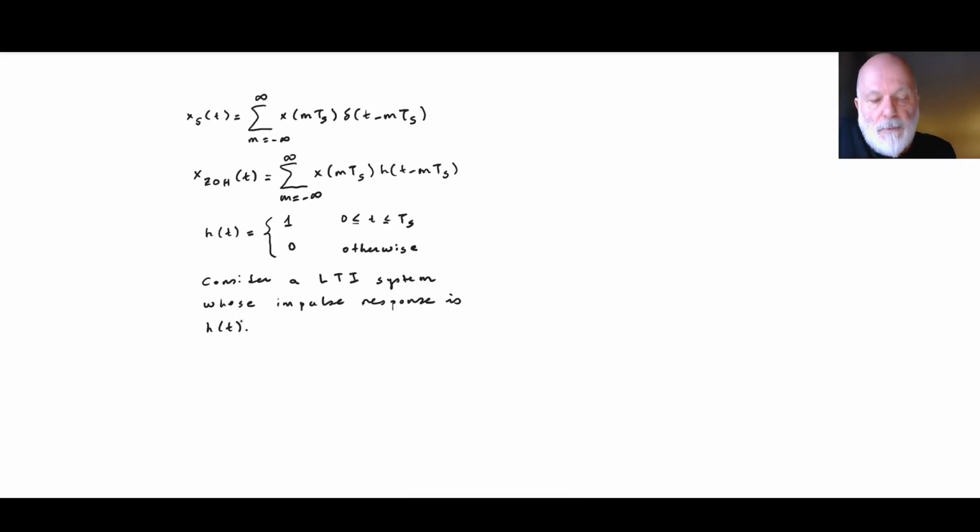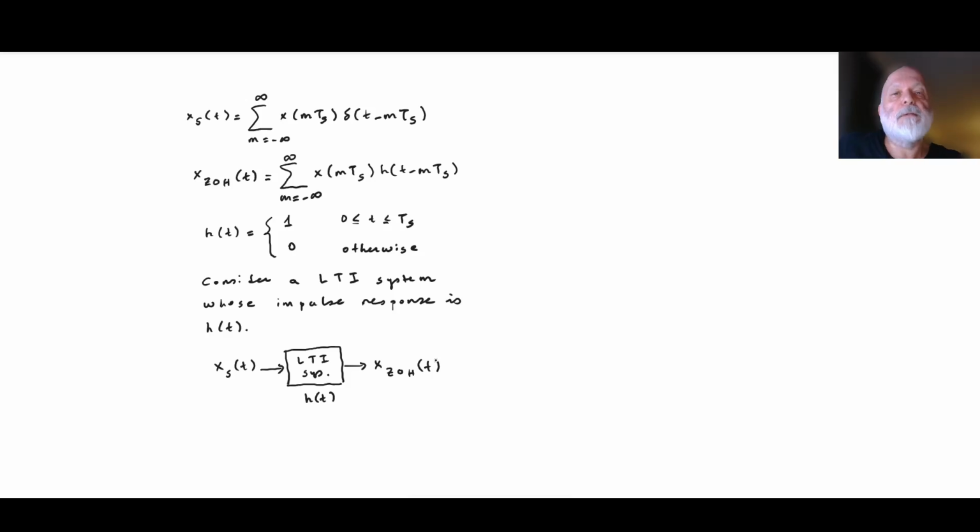So we have the linear time invariant system with impulse response h of t, and if we apply xs of t as the input signal, the output will be the signal we obtain by zero order hold.